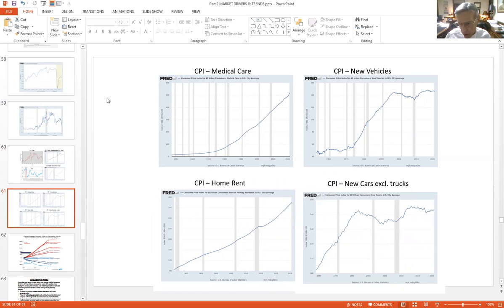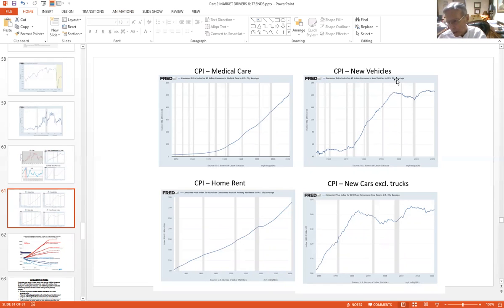Home rental prices have increased because people continue to surpass the age of adulthood, and prices for new cars and excluding trucks have stayed pretty much the same during the past few years.